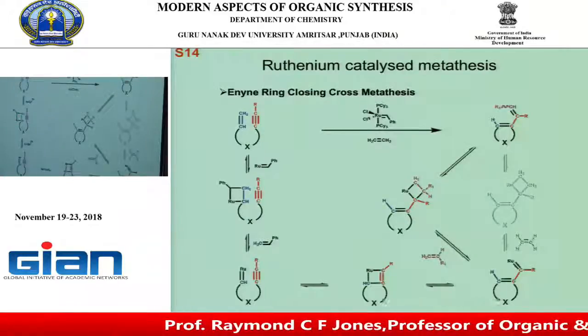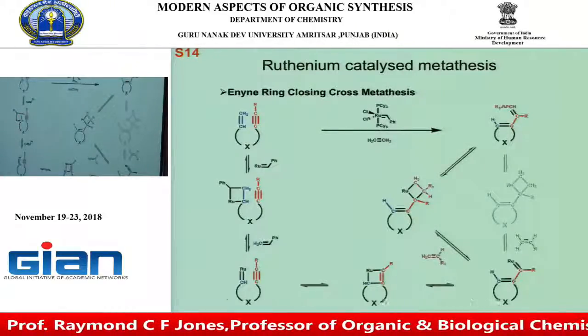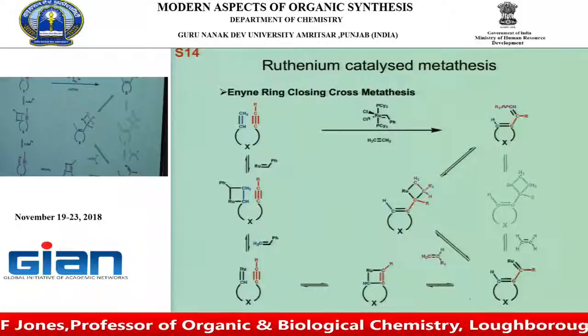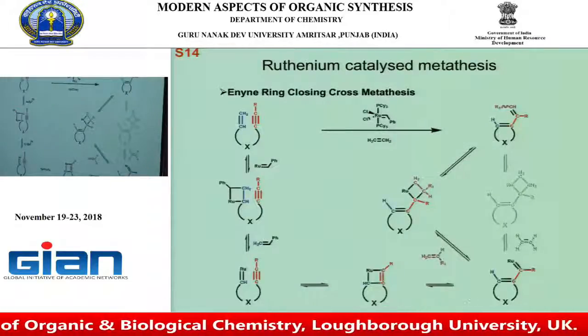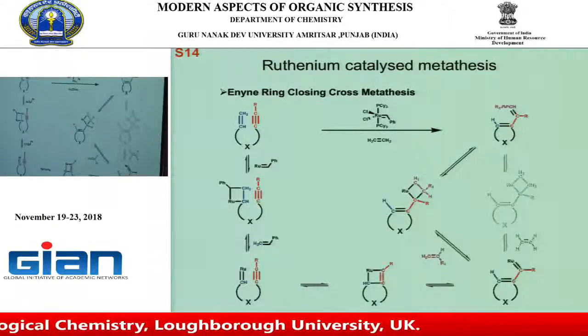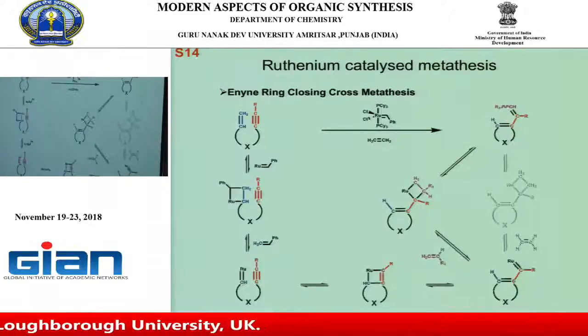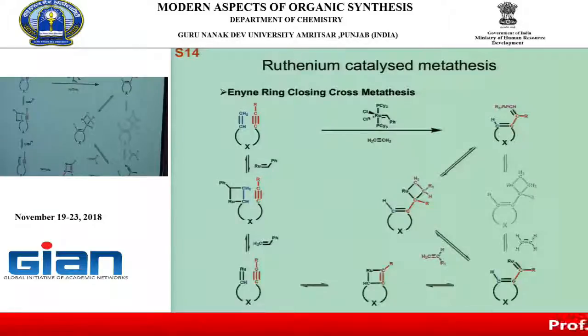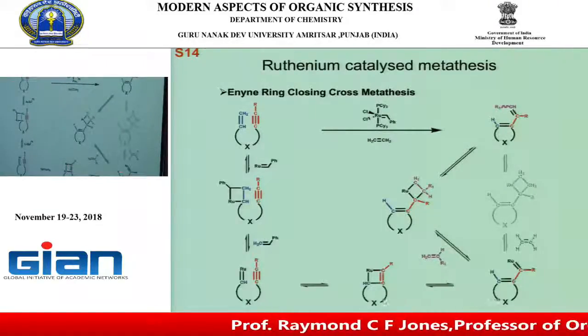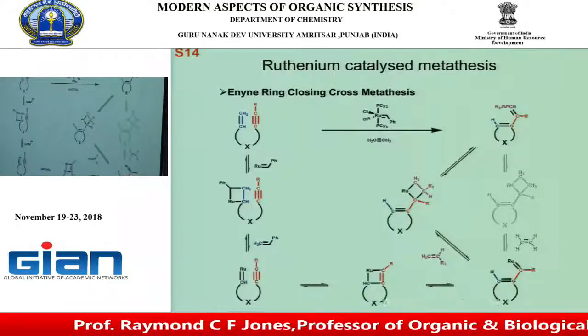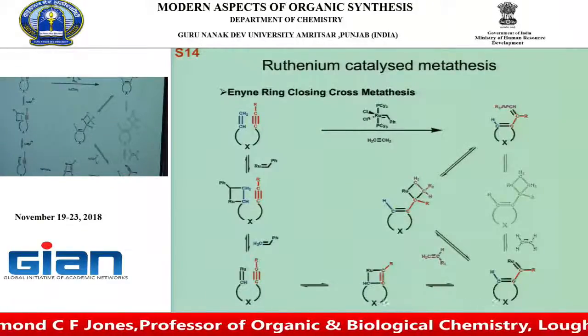Cycloaddition of the catalyst carbene to the first alkene, breakdown of that first metallocycle to give a ruthenium carbene, which then cycloadds to the alkyne to give you the unsaturated metallocycle, which breaks down to give you the standard metathesis and the branching chain.